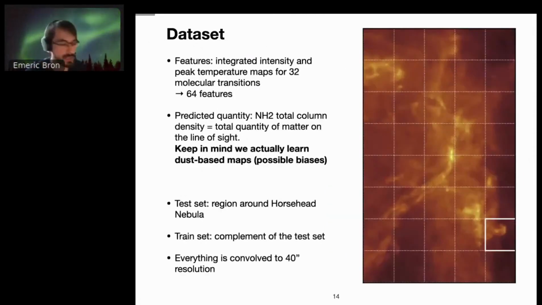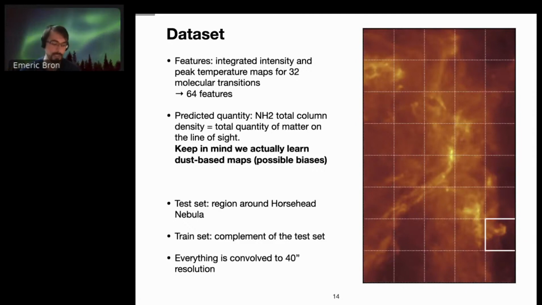So the way we apply this to our dataset, here we will use the molecular lines. We will use 32 molecular lines, and for each one we use both the integrated intensity and the peak temperature because both can bring slightly different information. The quantity that we want to predict is the total quantity of matter, and in order to train our model, we need to have the answer on the training set.